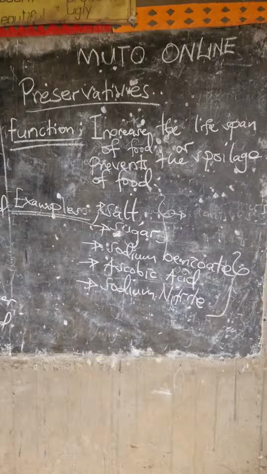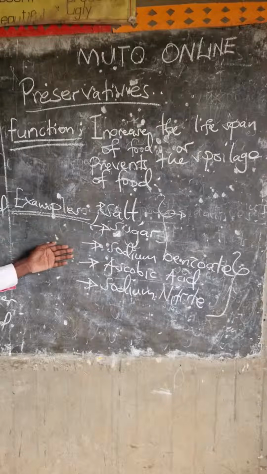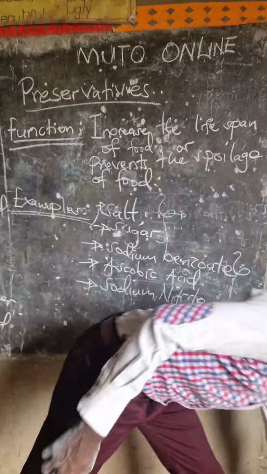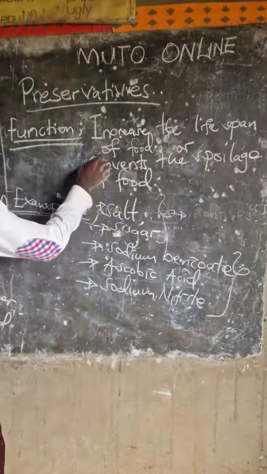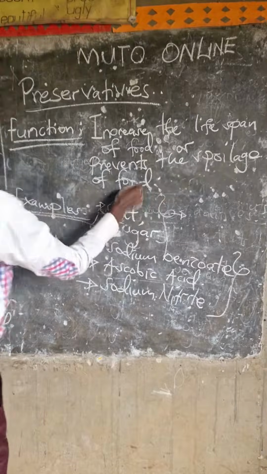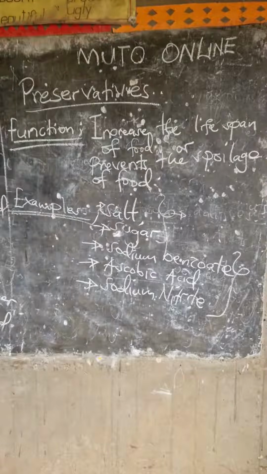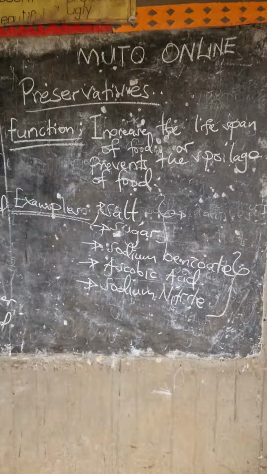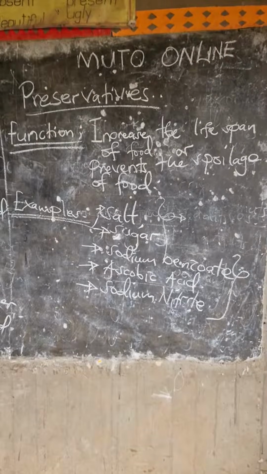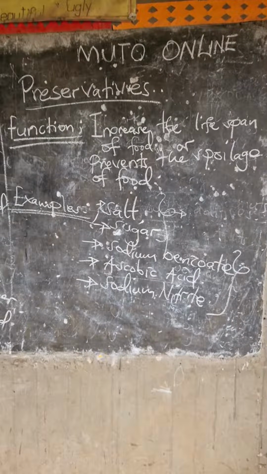They are man-made, laboratory processed. We are looking at preserving agents that prevent the spoilage of food, increasing the lifespan or the shelf life of that food. So we are looking at the food additives in general. Let's have a look at how they really work.